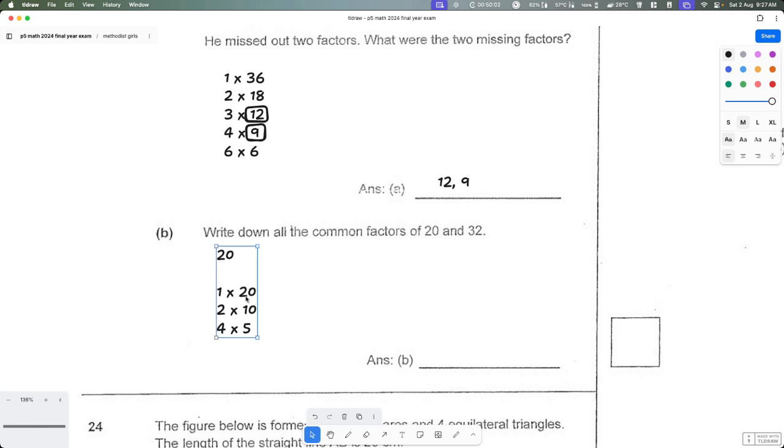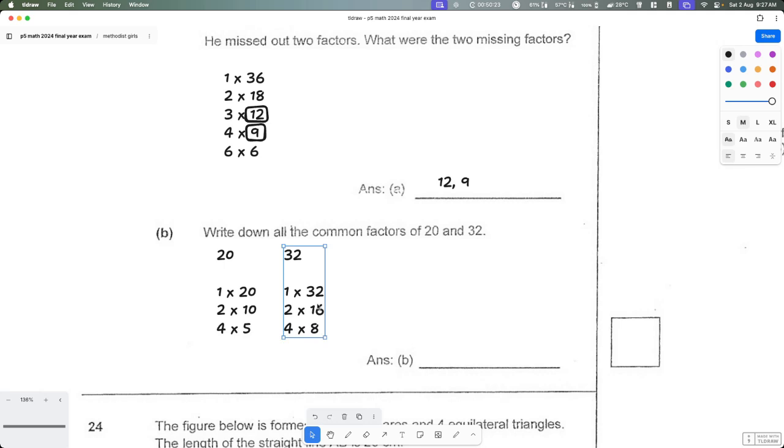Okay, so that's 20. All right, so for 32, let me just put here 32. This will be 1 times 32, 2 times 16, 3 you cannot, 4 yes, 4 times 8, 5 cannot, 6 cannot, 6, 12, 18, 24, 30 no, and 7 cannot.